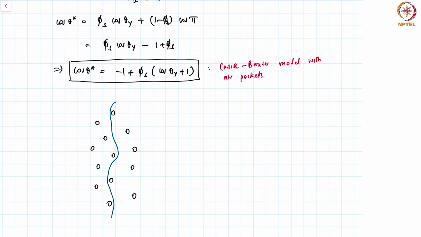Now these little circles that I've drawn could be tiny holes on the surface where the contact line certainly cannot be at that location, or it could be tiny beads that are placed on top of the surface. So in such a case, if you look at it macroscopically, it may appear like a smooth contact line, but if you zoom into the region near the contact line, then the contact line will certainly meander.